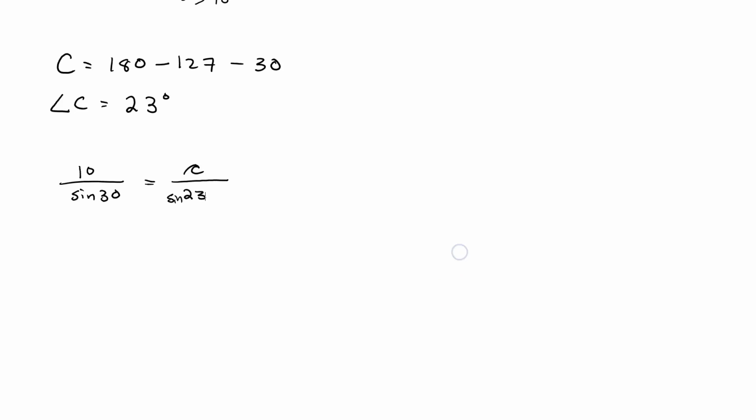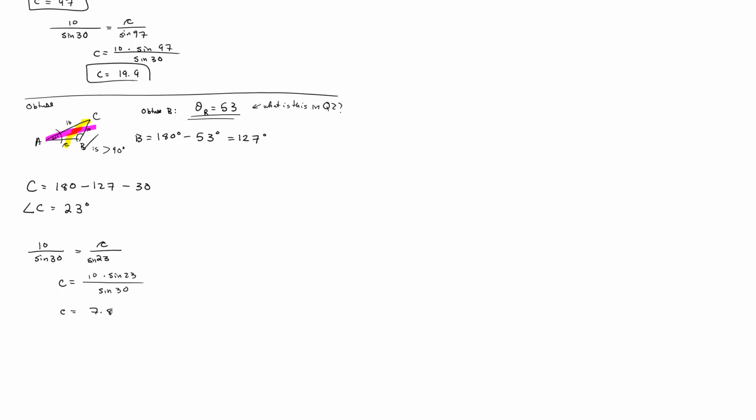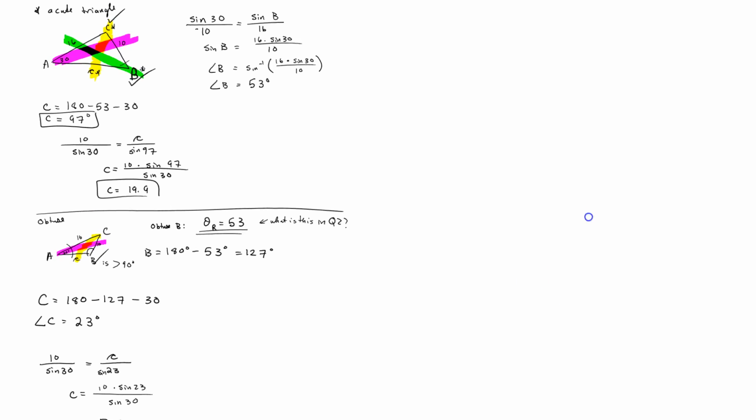So I'm going to say C equals 10 times sine of 23 all over sine of 30. And that means that C equals 7.8 units. Phew! Okay, so that's a big solution.